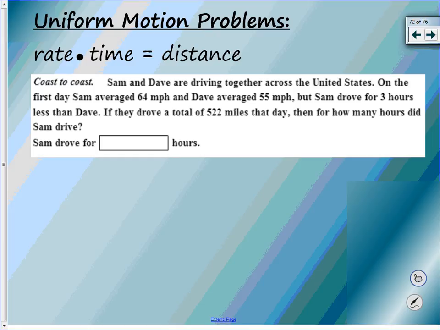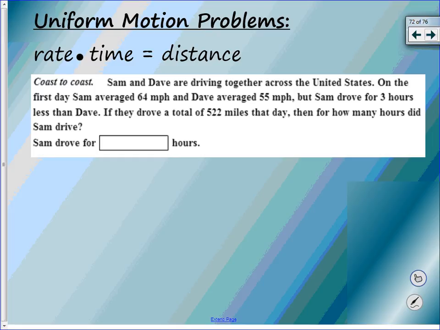Coast to coast, Sam and Dave are driving together across the United States. On the first day, Sam averaged 64 miles per hour and Dave averaged 55 miles per hour. But Sam drove for 3 hours less than Dave. If they drove a total of 522 miles that day, then for how many hours did Sam drive?